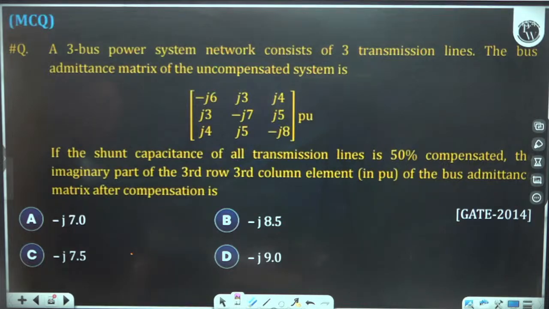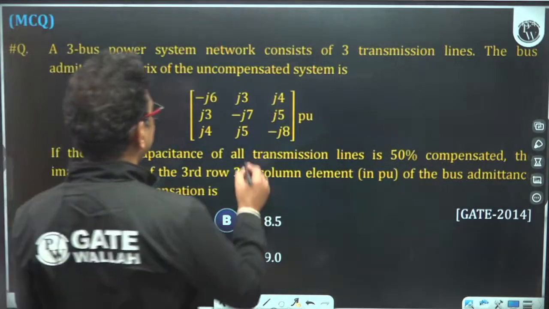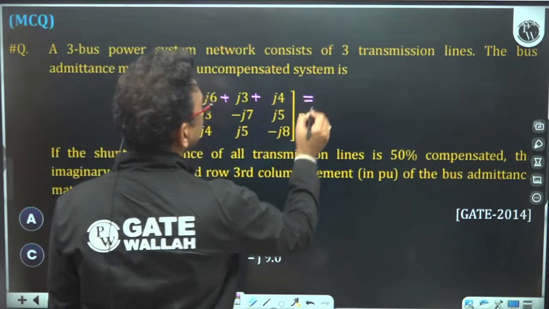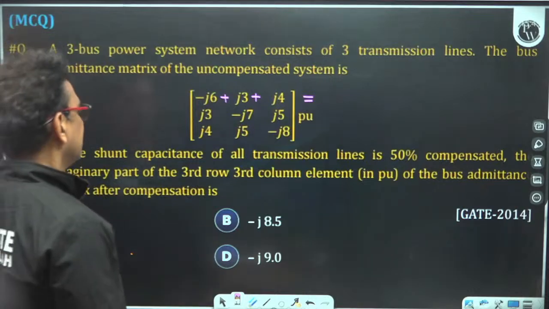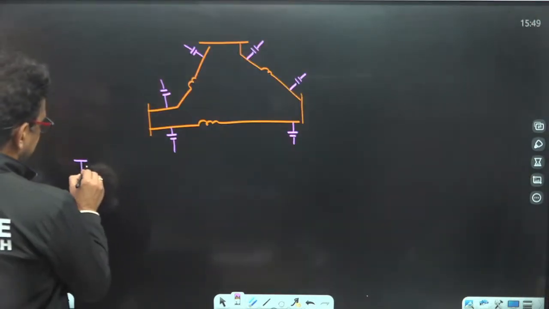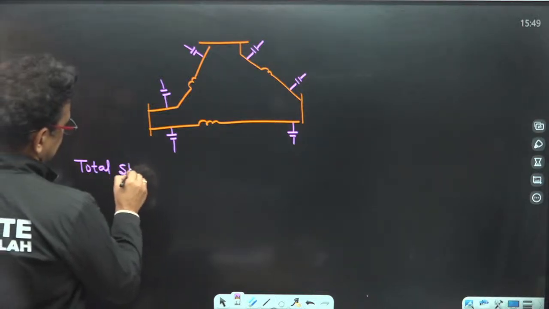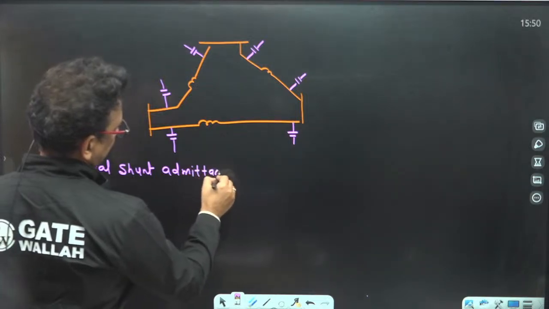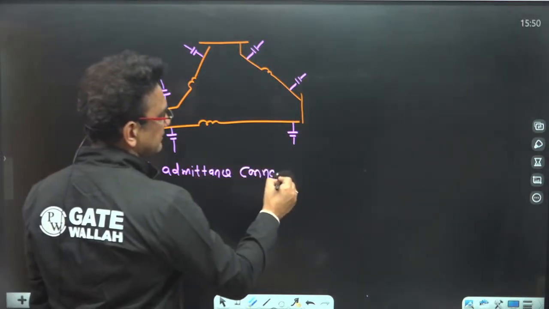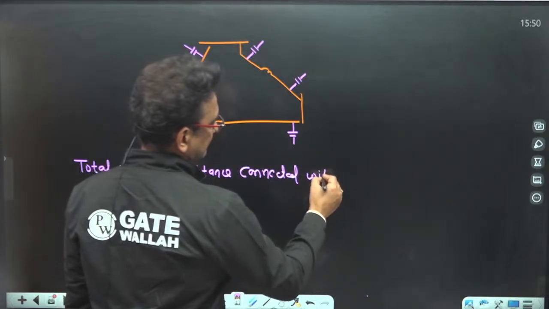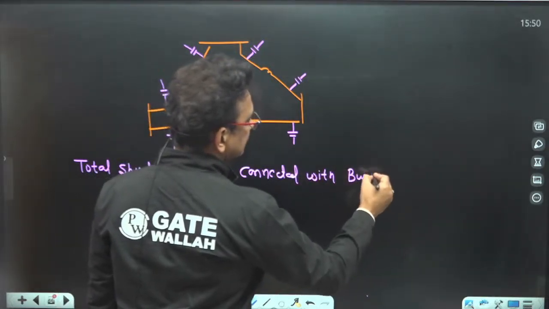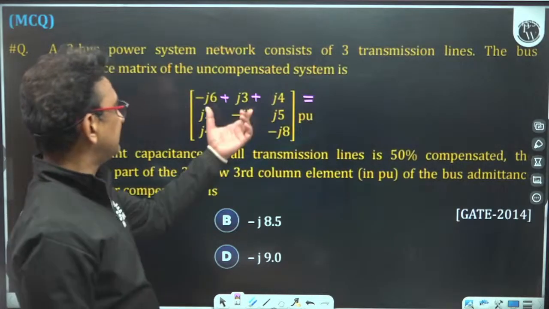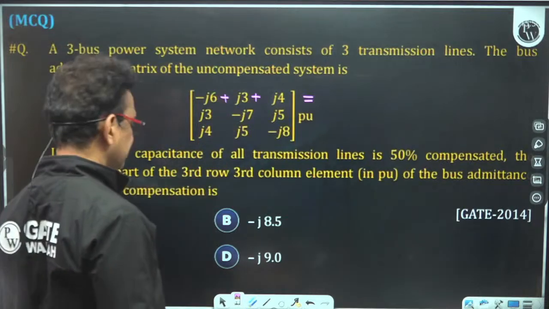Now, shunt capacitance of all lines is 50% compensated. We all know if we add the first row elements or the first column elements, it would give the total value of shunt admittance connected with bus number 1. The total shunt admittance connected with bus number 1 is nothing but the sum of the elements of the first row, 7, it is j1.